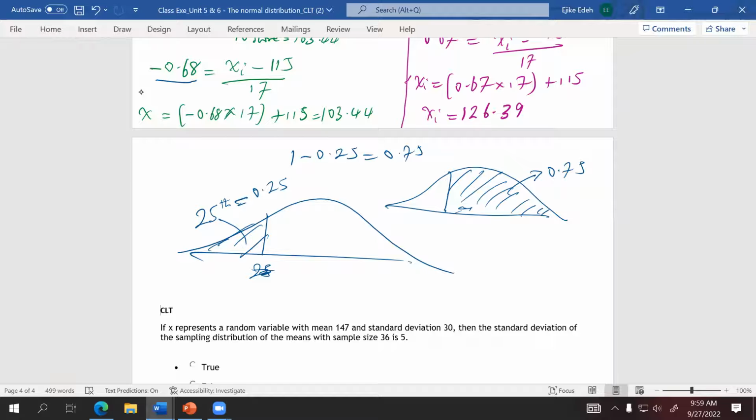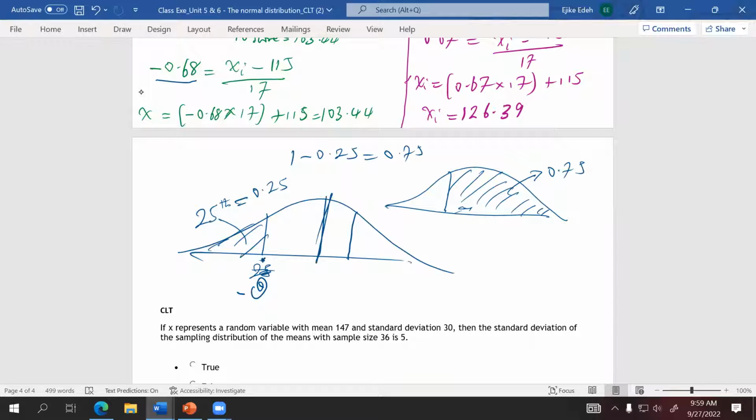So when you go to the table, if the interest is the point here, then the other side, this one should be the one that is negative, right? Whatever the value is, your Z value here will be negative because the middle is here.